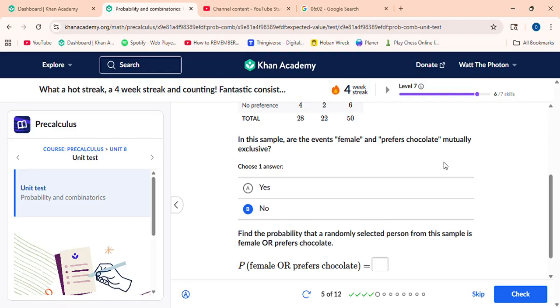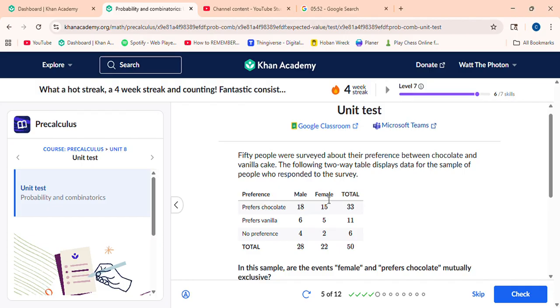No. Female, or prefers chocolate, that's 15 over... no, 15 over 22.